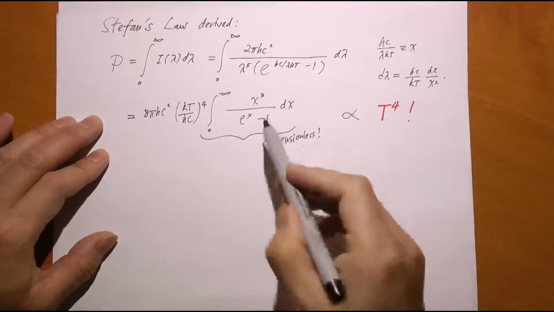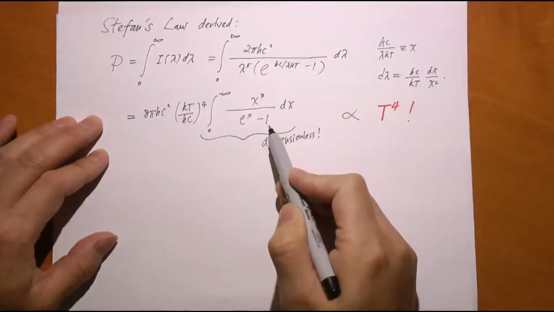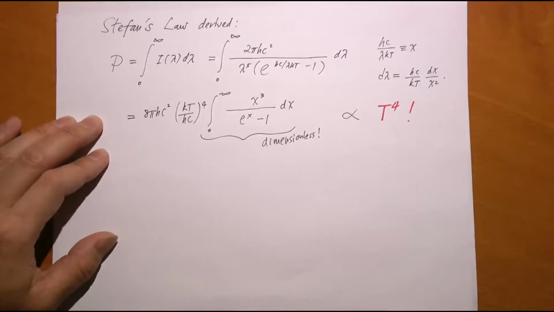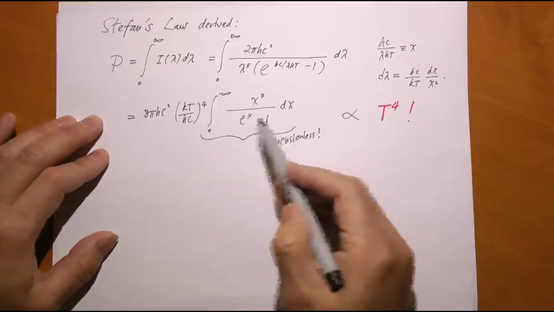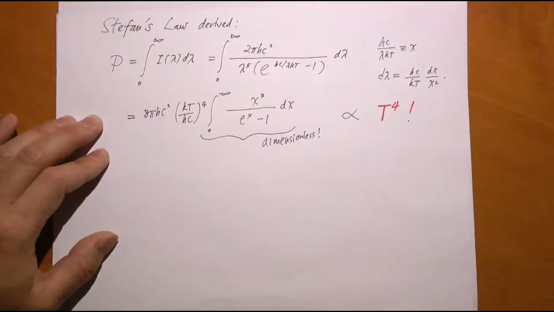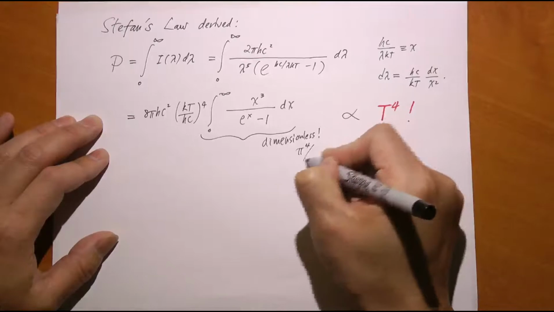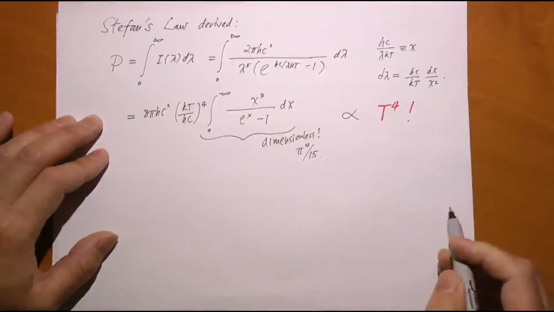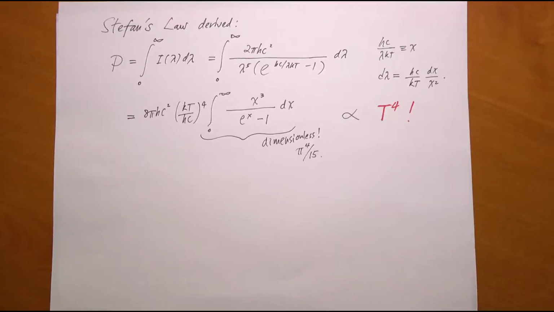You expand 1 over e to the power x minus 1 as an infinite series. Multiply by x to the power 3, you still get an infinite series. And you have to sum up all these infinite series after integrating each term, and you will get a result of pi to the power 4 divided by 15. You don't have to do it yourself, but just take my word for it. This integral even has a name. It's called the Bose-Einstein integral.